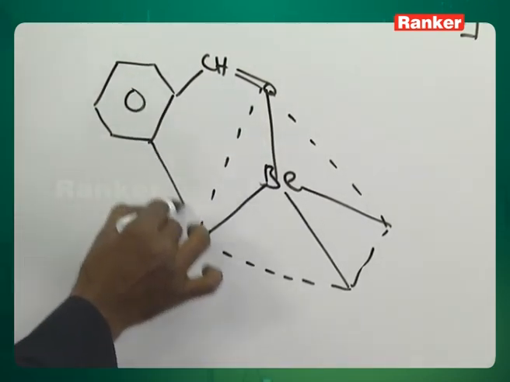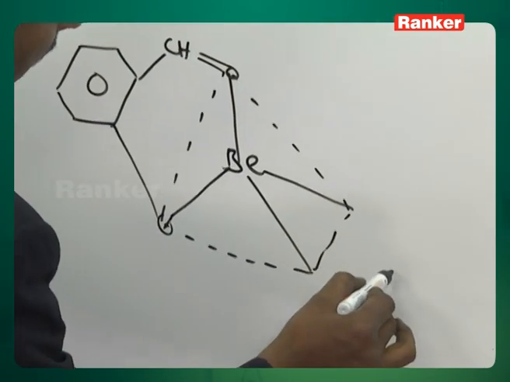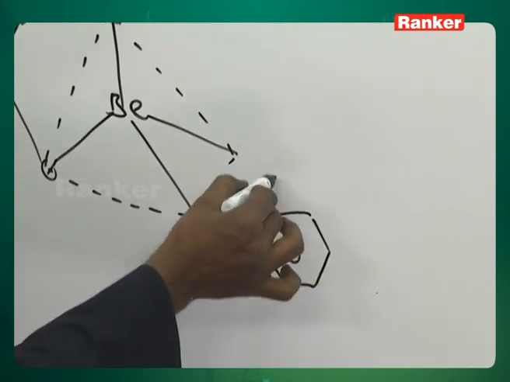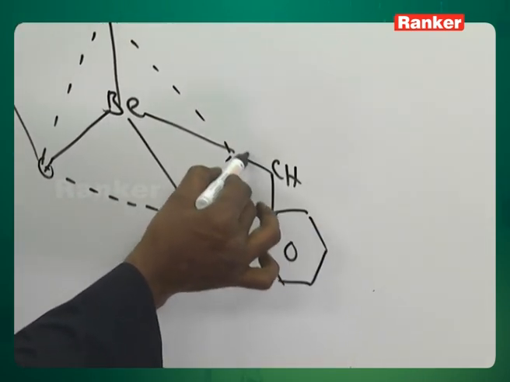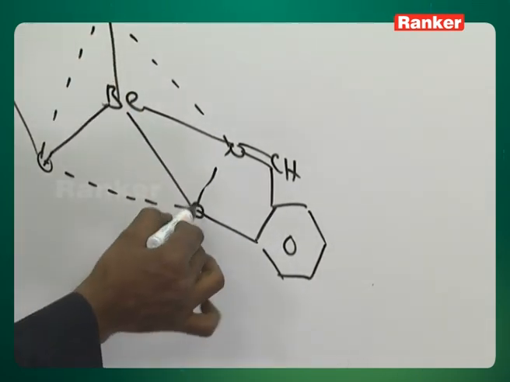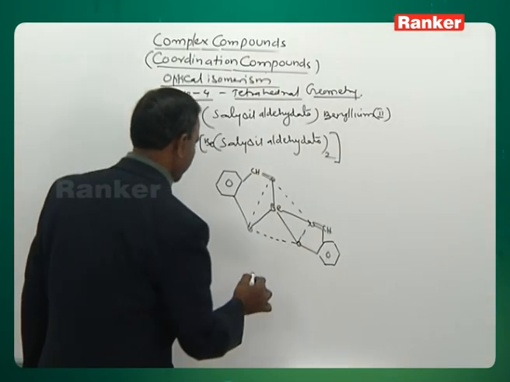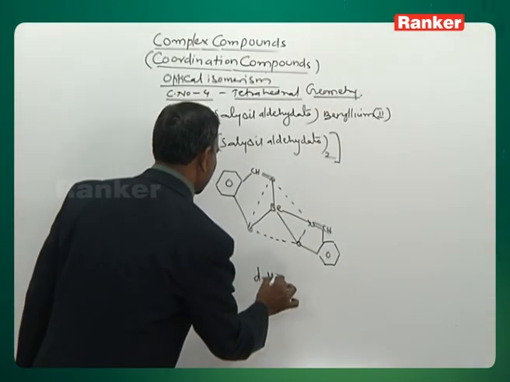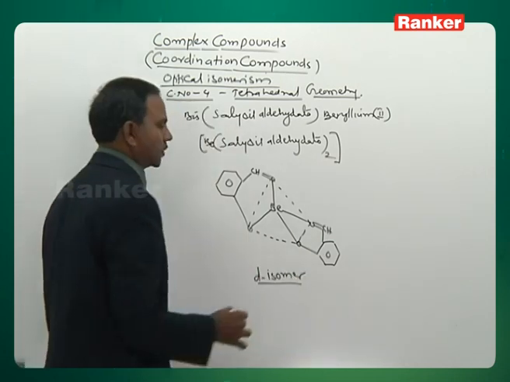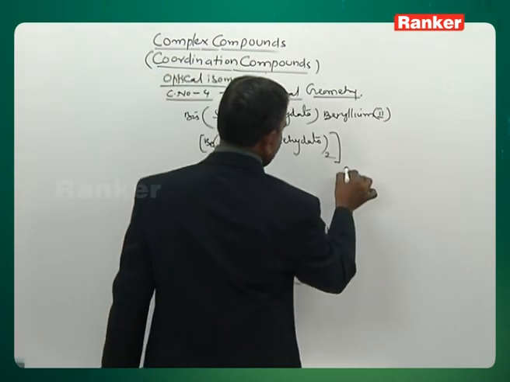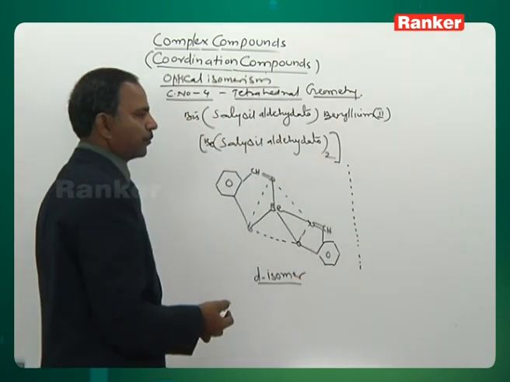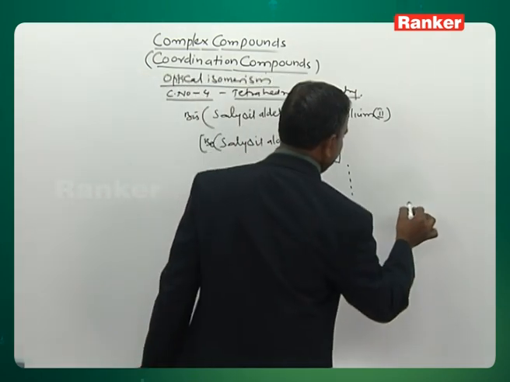Next, one more I am linking here. Two ligands. Consider this complex as the D isomer. Let us see now a mirror plane. For the mirror image of this, you have to write one more, the L isomer. See here, look here.